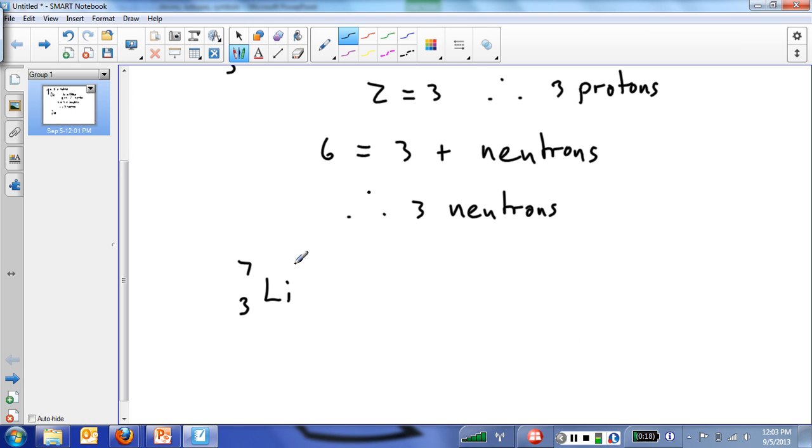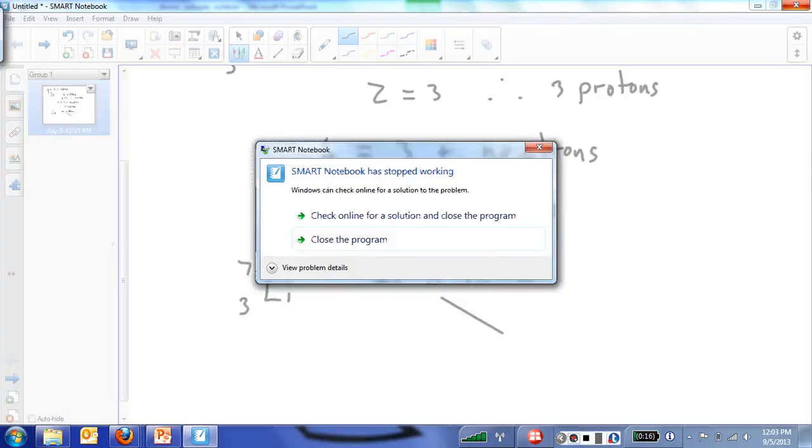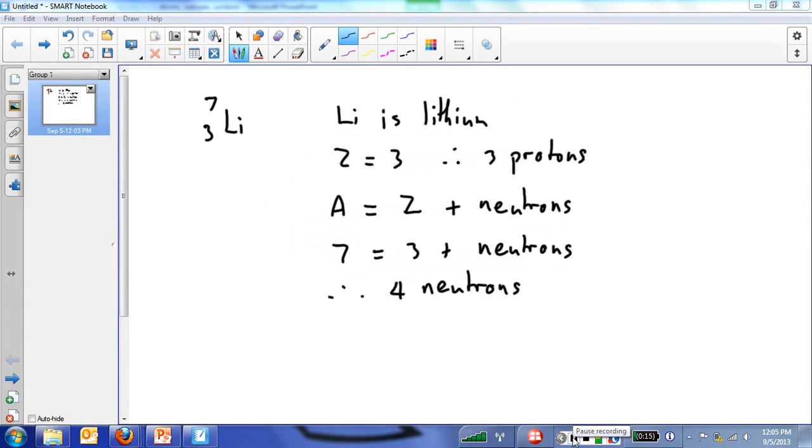For 7,3Li, we can say that we have the element lithium again, but this time we have 4 neutrons in the nucleus.